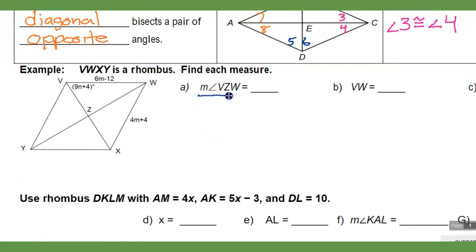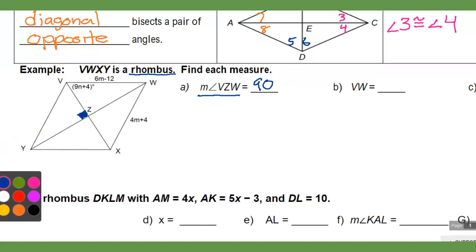So there we go. VZW right here. After we just got saying this is a rhombus, so what is the measure of this angle here when they bisect or when they cross? These are all 90-degree angles. So if one of them is 90, they're all 90. So it's a 90-degree angle, nothing more than that. So it's kind of a simple question when you know it's a rhombus, right?